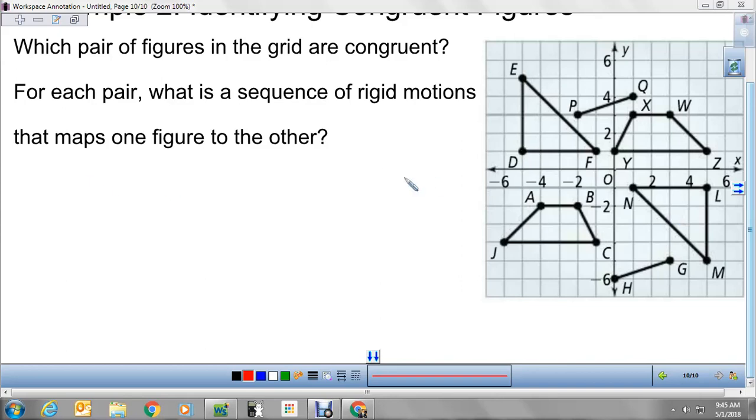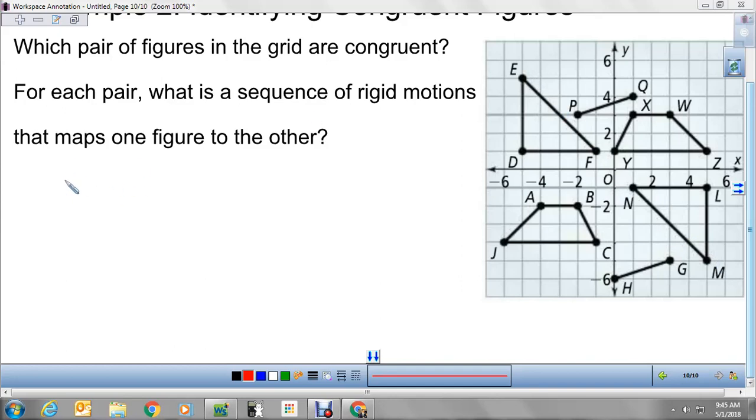One way to look at this is if we notice we could draw a straight line from F to N. If we drew a line from D to L and E to M, they would form a straight line, which means this is going to be a rotation.